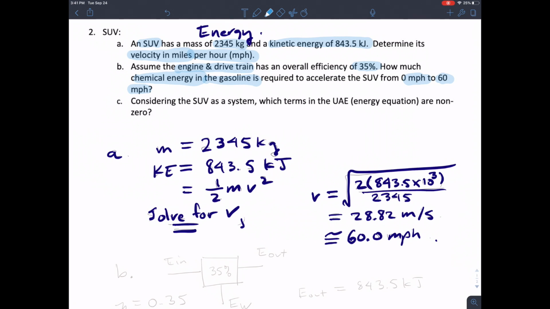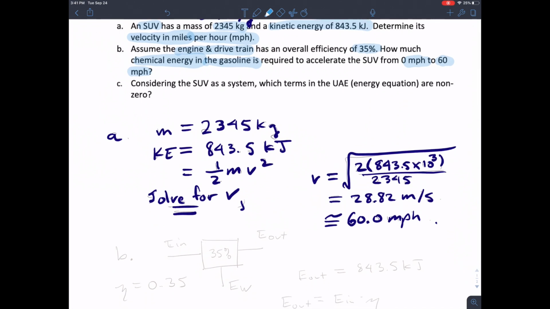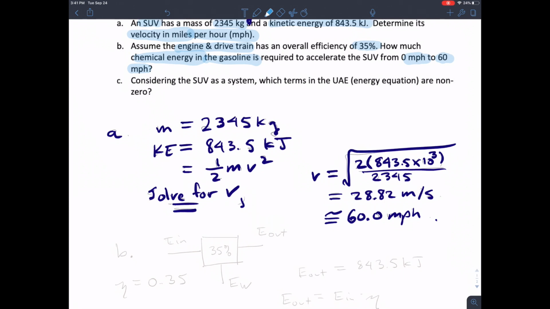If it wasn't a level surface, you would have to factor in potential energy as well. Because it's on a level surface, the potential energy doesn't change, and the only things that change are the kinetic energy, the amount of chemical energy produced, and the heat that's given off from the engine. Those are things you have to think about. We'll talk more about that in part C.